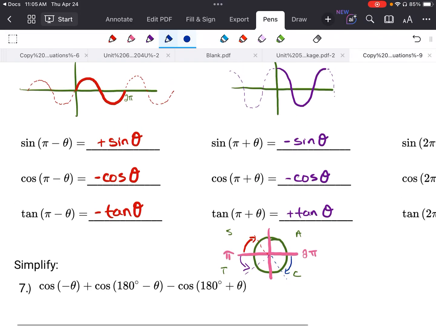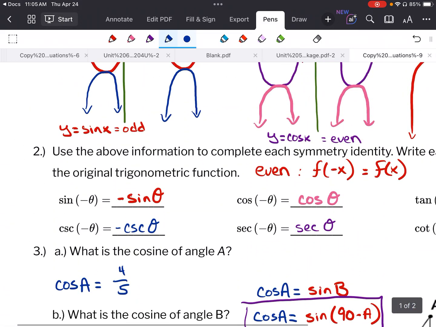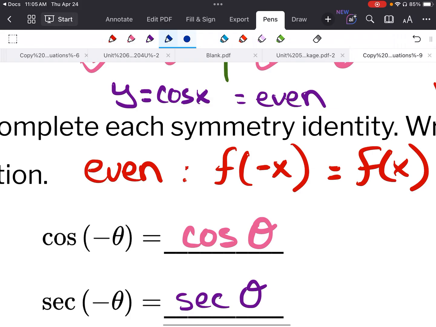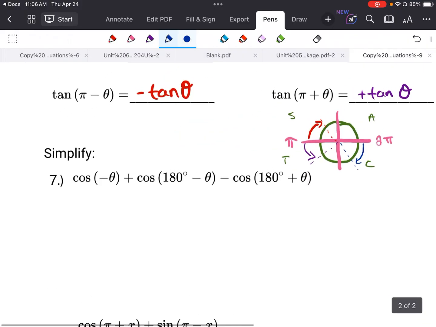So let's look up here. The cos of negative theta is even, so it would be positive cos theta. So we're going to replace this with just cos theta.